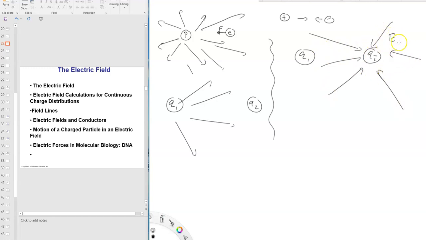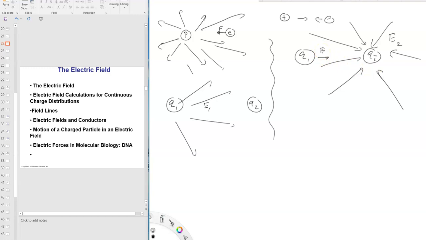This is the E field of Q2, so let's call it E2. Let's call this E1. So Q2 is creating an electric field around it. Q1 feels that field. It is in the vicinity of that electric field. So Q1 is feeling a force.